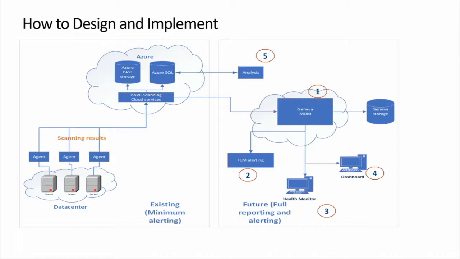Based on these results, we built a set of thresholds for ICM alerts and enable ICM alerts when the threshold is breached. And the second, we build a health monitor.